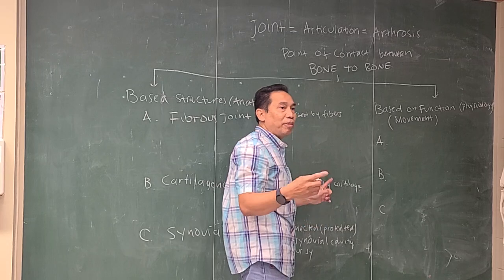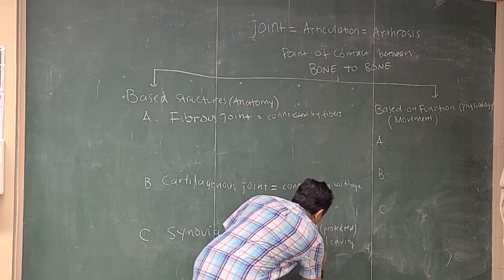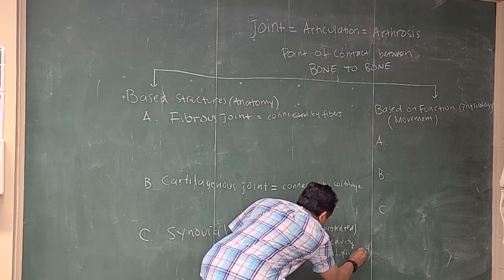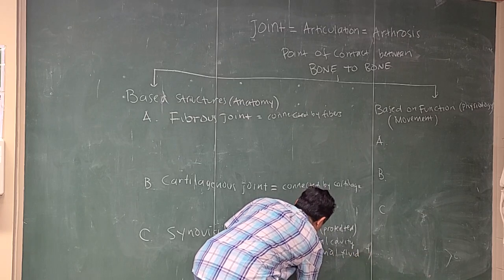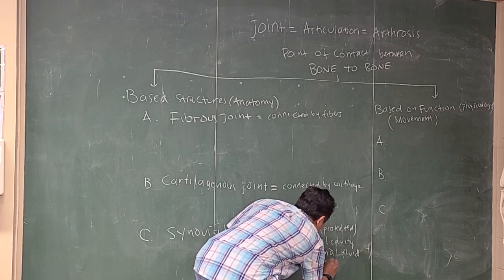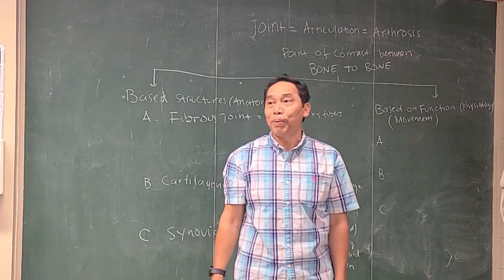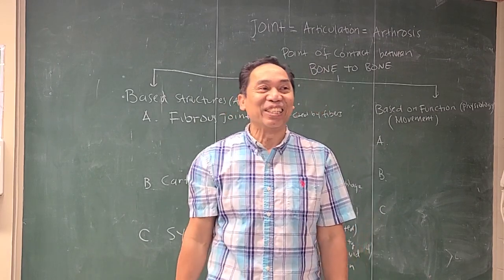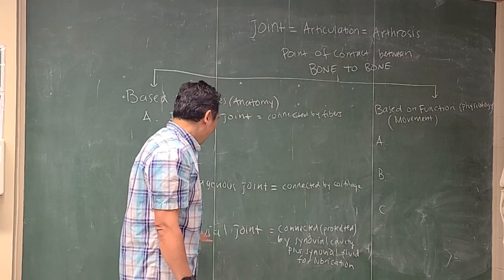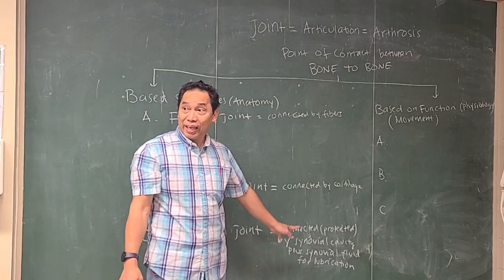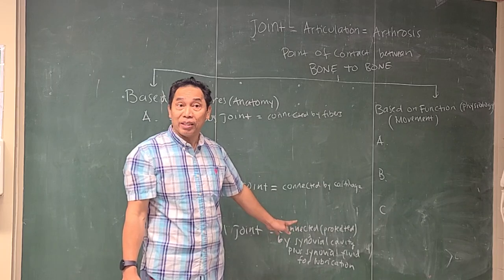It's called the synovial fluid, for lubrication. So I make this complete sentence over here. So synovial joint, it has synovial cavity, and in the synovial cavity there is a fluid.